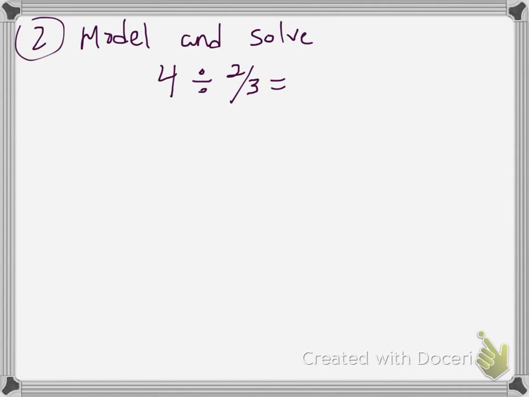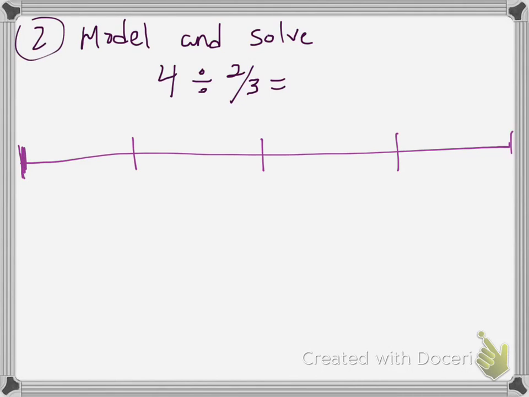Number 2, model and solve 4 divided by 2/3. And they gave you just a line there that looked kind of like this. If this was me, I would split this up like this so that I would have 4 things, because this is 4 divided into 2/3 chunks.